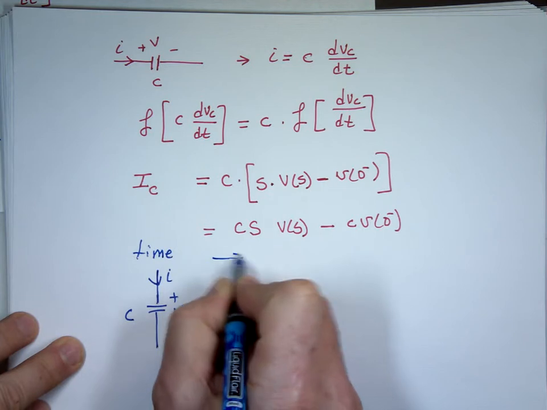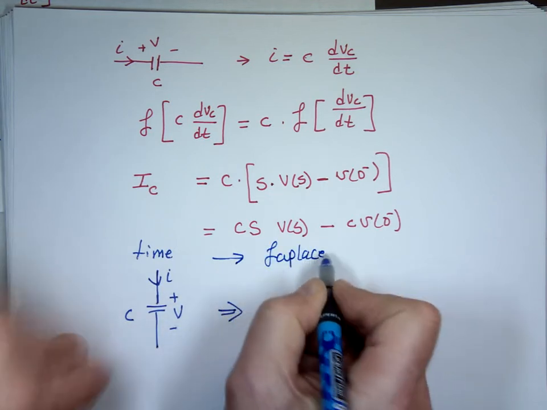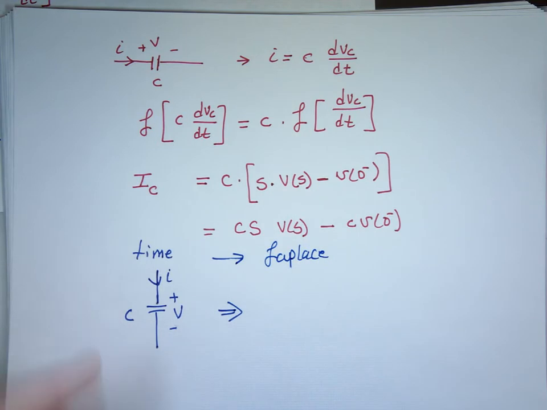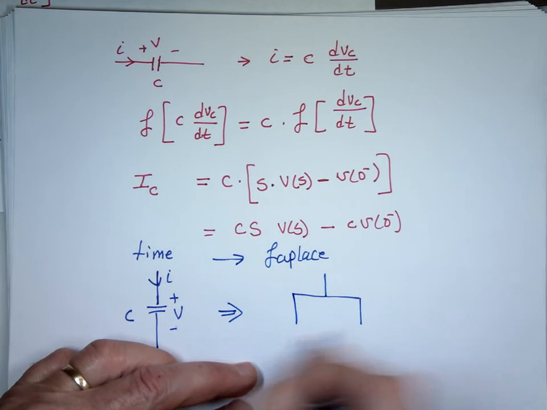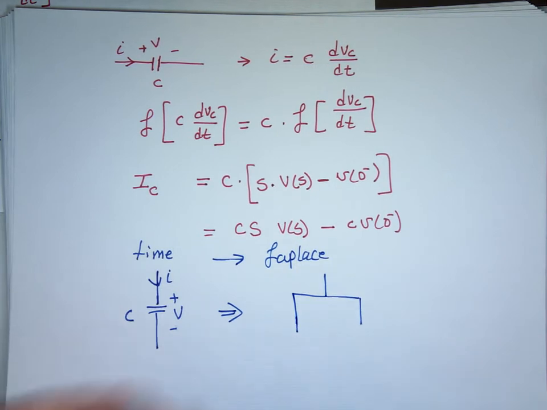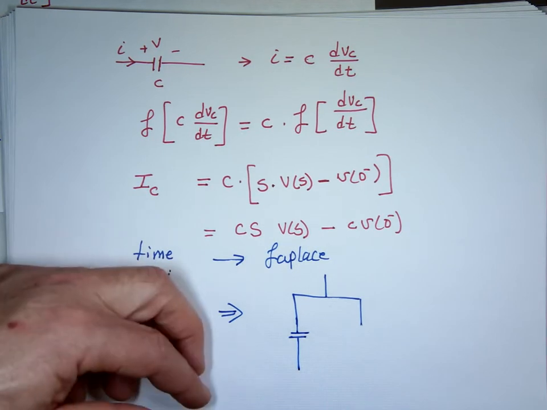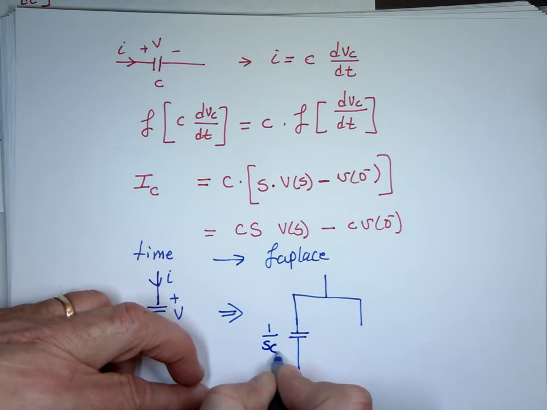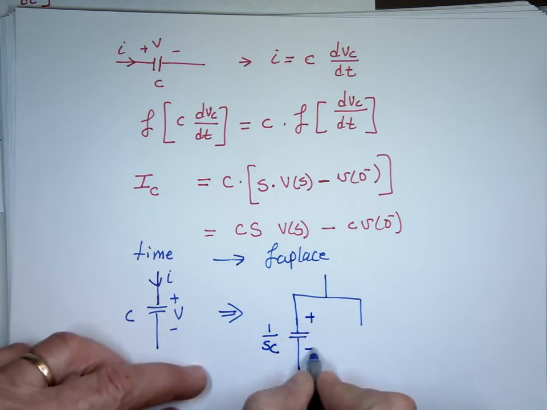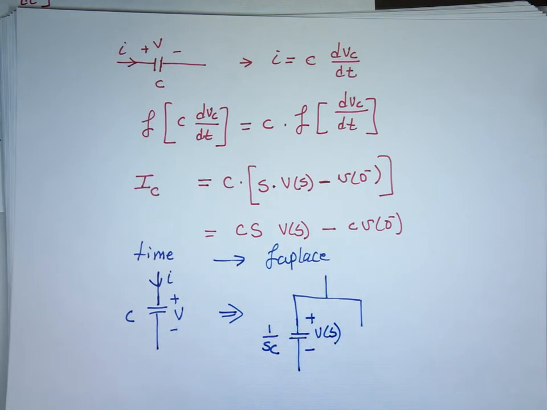When I go to Laplace now, this is going to be two current sources. Remember, it's current, and for current to split, they have to be in parallel, not in series. And the first one, the value of that is 1 over sC. And this is the voltage V. Why is it 1 over sC?